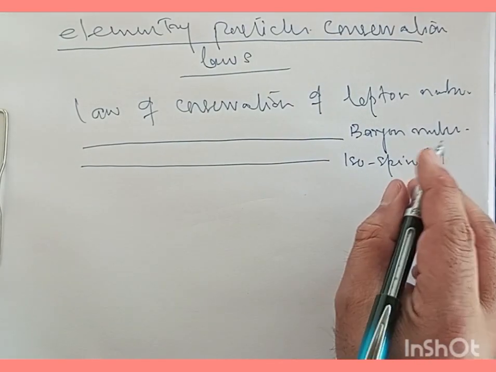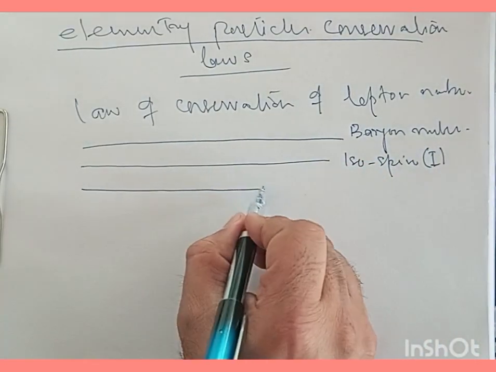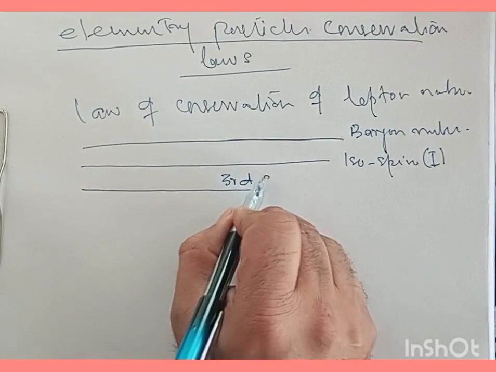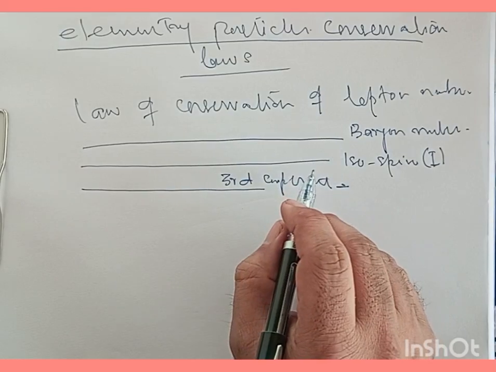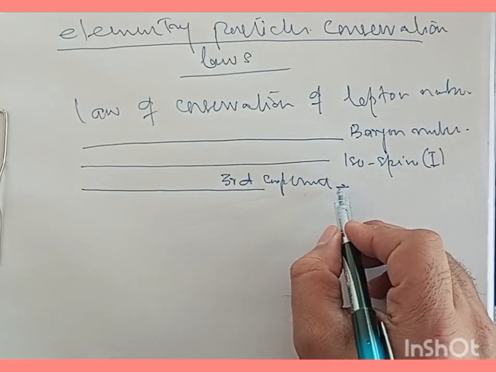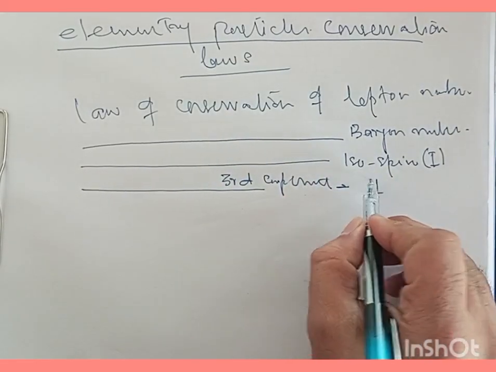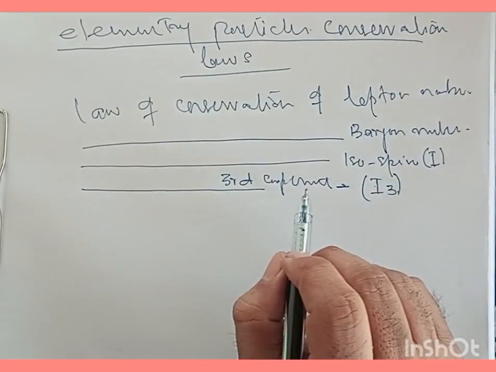And the law of conservation of the third component of this isospin, symbolized as I3, must hold.